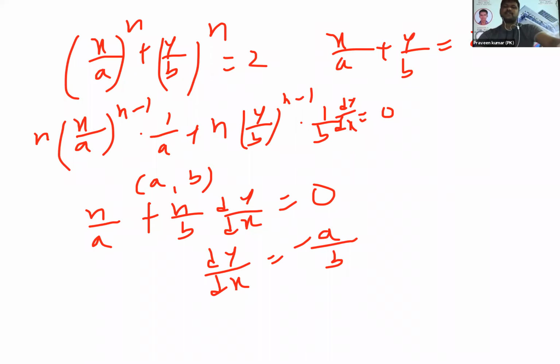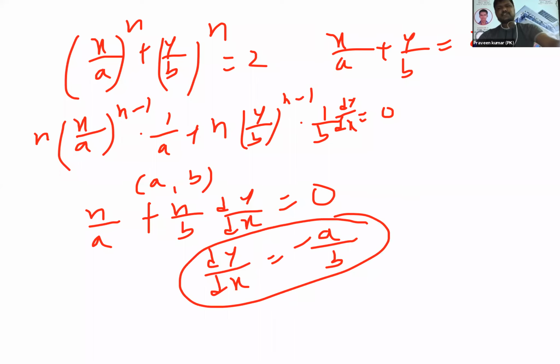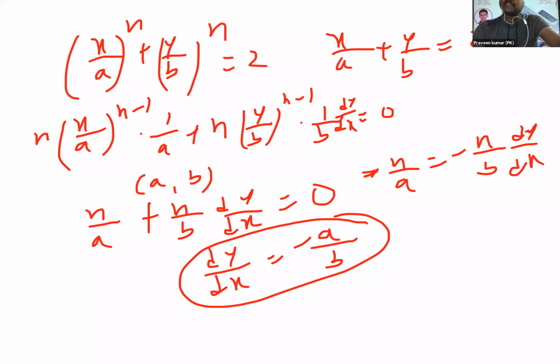Minus a by b. Is there any n value here? There is no n value, which means whatever you substitute in place of n, both cancel. Because if you transfer to the right hand side, what will happen? n by a is equal to minus n by b dy by dx. If in place of n you substitute 2, both cancel. 3 cancel, 4 cancel, 5 cancel, 6 cancel, minus 2 cancel, minus 10 cancel.